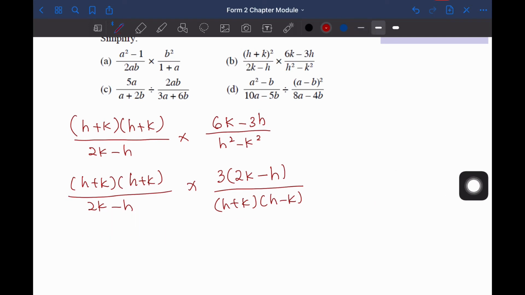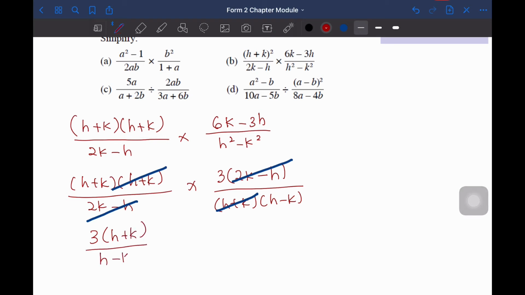Kita cancelkan. So cuba cancelkan apa yang sama. This one potong. H plus K potong. So apa yang tinggal? So ni 3 kan. 3 darab ni jadi 3 H plus K over H minus K. Okay, so inilah final answer kita.